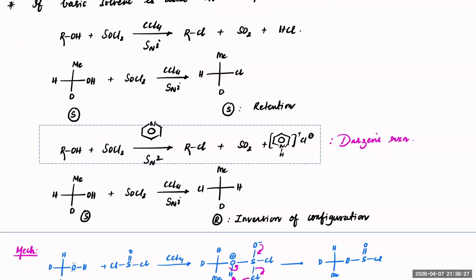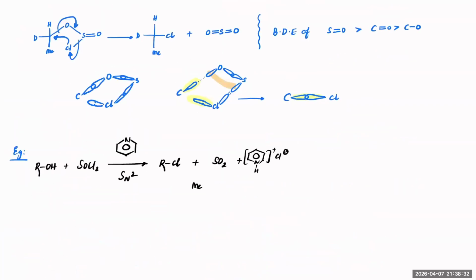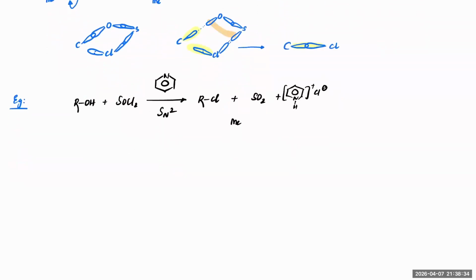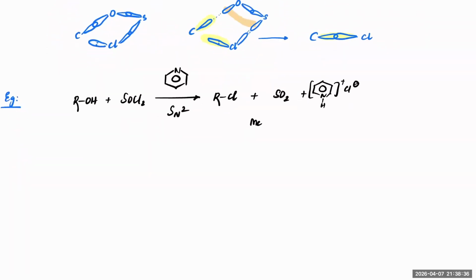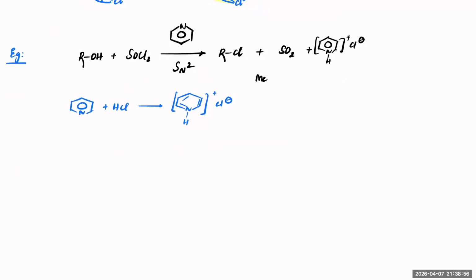In the second reaction, first the pyridine which you have here, plus HCl, will become pyridinium, that is plus, and Cl minus. This will become pyridinium chloride.